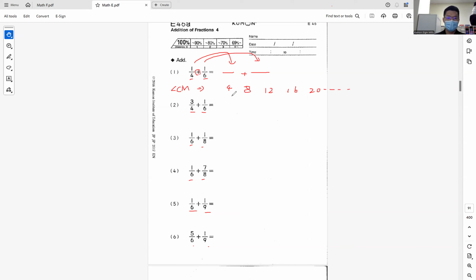For 6, I have 6, 12, 18, 24, 30, and so on. Did you see what they have in common, the earliest one? 12 and 12. So in this case, 12 is the LCM for 4 and 6, right?